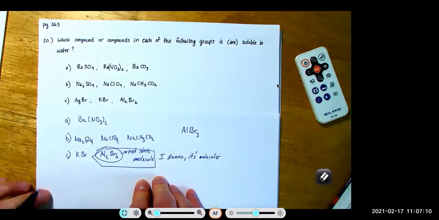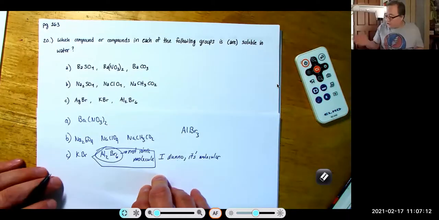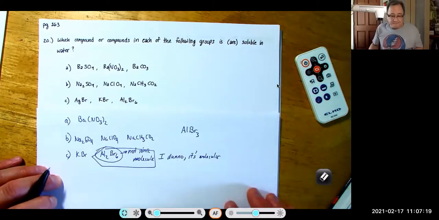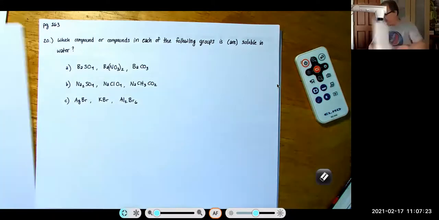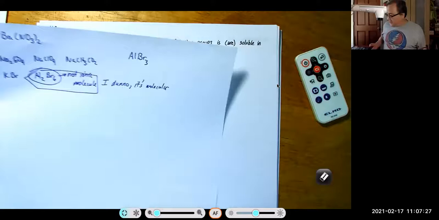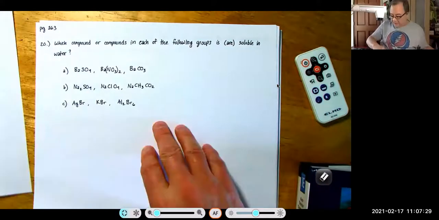And our solubility guidelines are not based on molecules, they're based on ionic compounds. Okay. So I wanted to address that formula being weird.